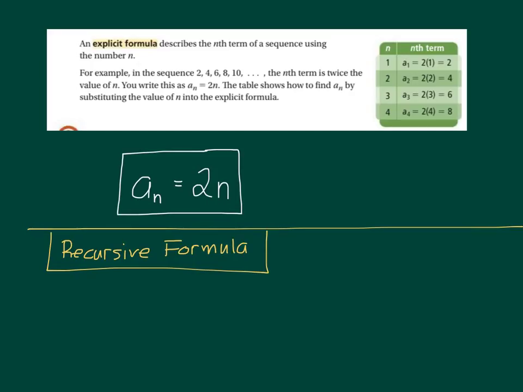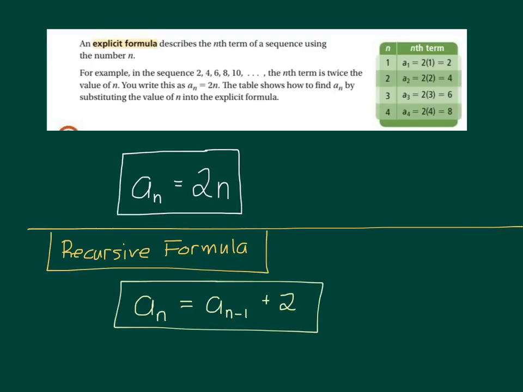And the recursive formula is going to be an equals an minus 1 plus 2. It's called recursive because to find the nth term of a sequence, you have to know what the n minus 1 term was.